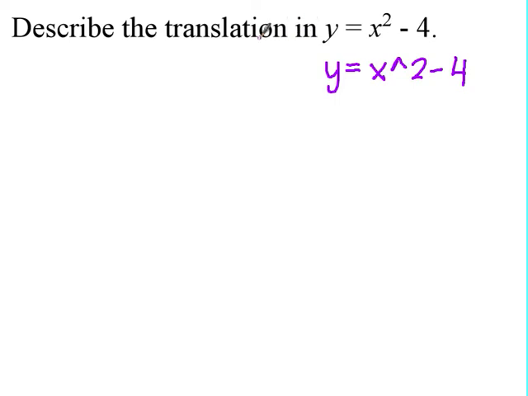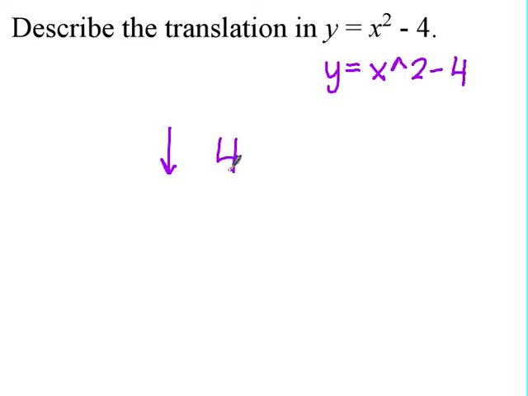After you type that in, what does it look like you've done from your original graph? You've moved it down 4. So this one has gone down 4.